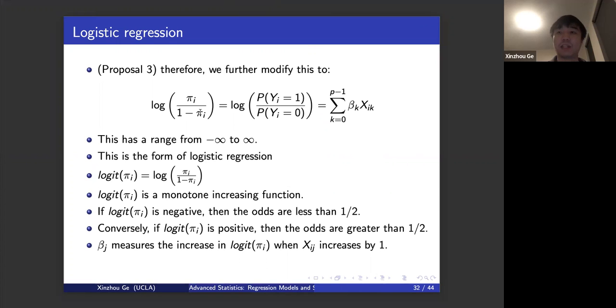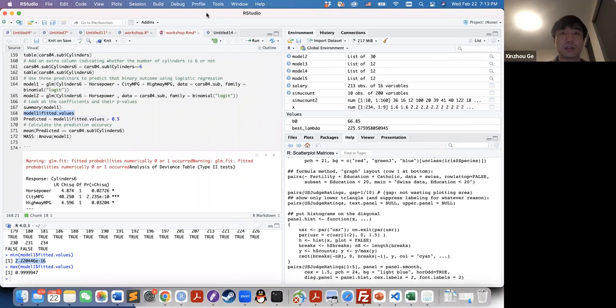That's why we don't really get 0 or 1 probabilities from logistic regression. That value, which is very close to 0, was calculated as 0 in some part of the calculation, and that will lead to errors, because sometimes we need to calculate ratios. That's how this warning comes about. This warning will exist when we have some very small or very large probabilities, but it will not harm the results.